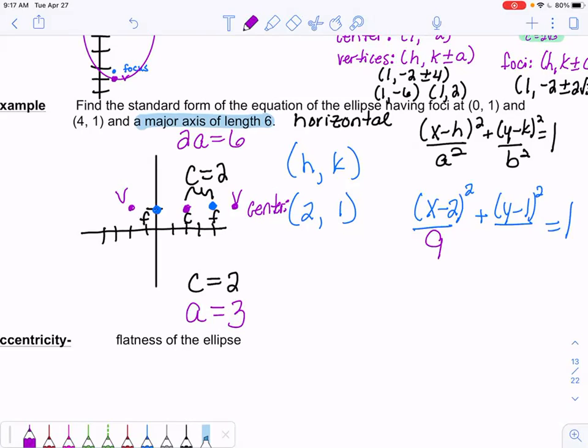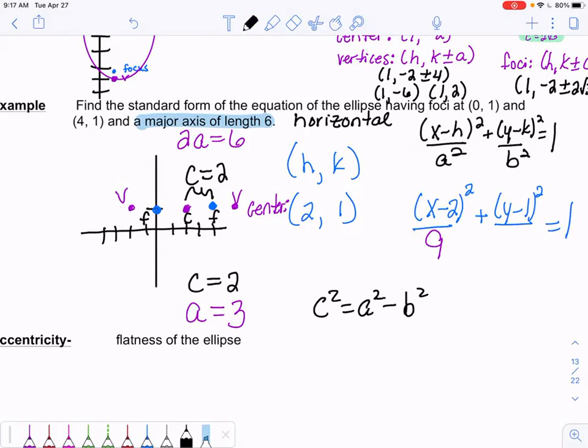So again, the foci gave us the C value. The distance from the center to one focus is C. The distance from the center to one vertex is A. So now I have C and we have A. But we still need the B squared term, the number underneath here. Cole, how could we find that? Yeah, oops, that's a minus.